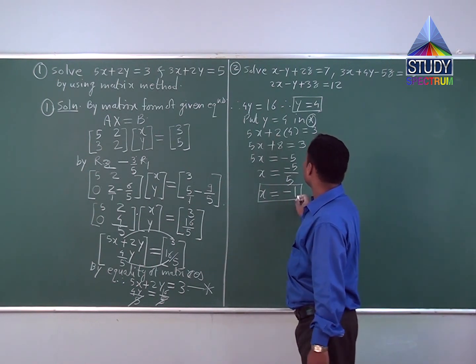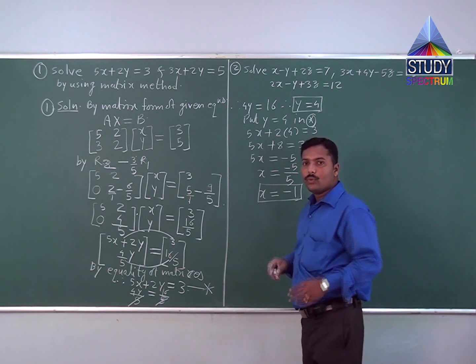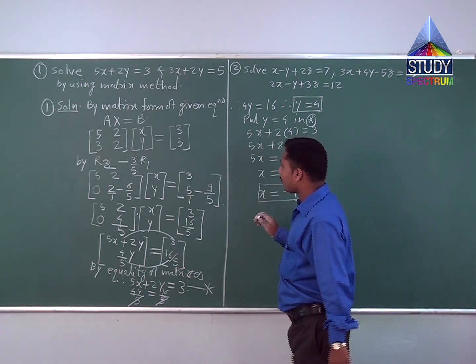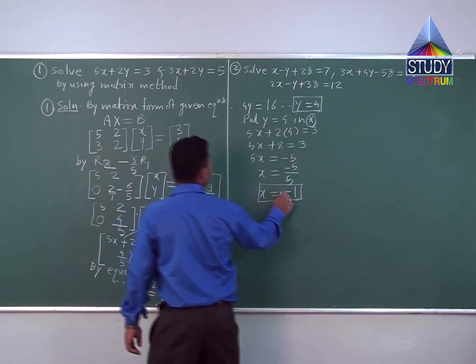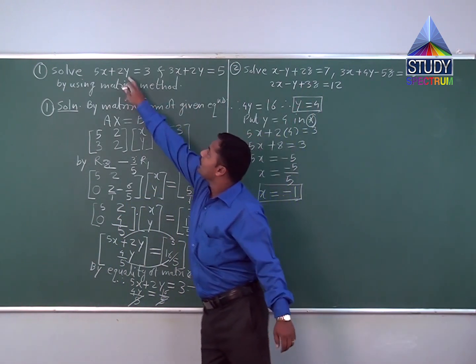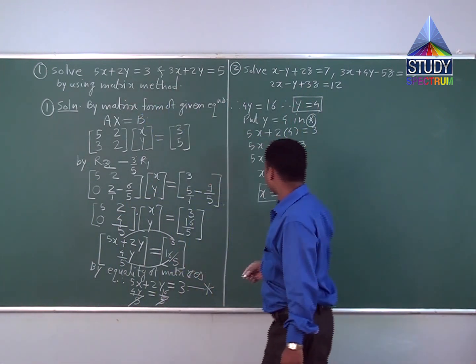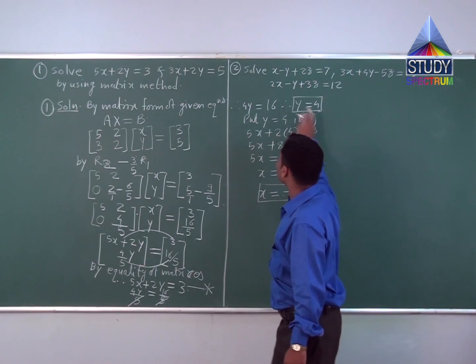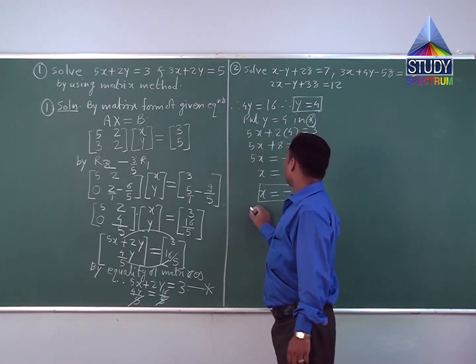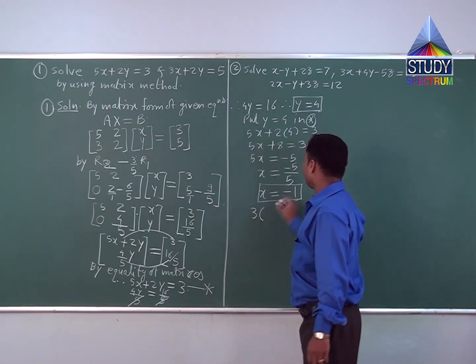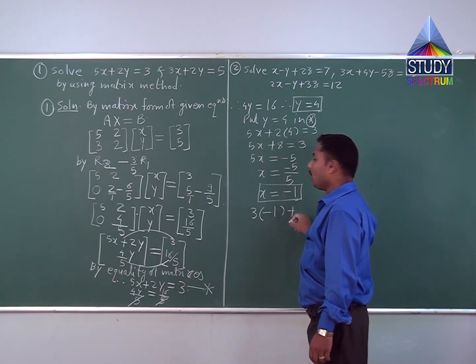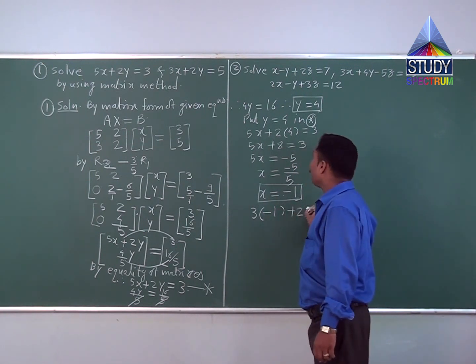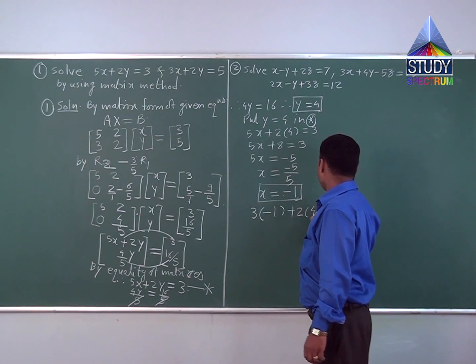So we can check whether these solutions are correct or not by putting these values of x and y in any one of the given equations. Suppose we put these values in the second equation. So 3 into x, x equal to -1, plus 2 into y, y equal to 4.